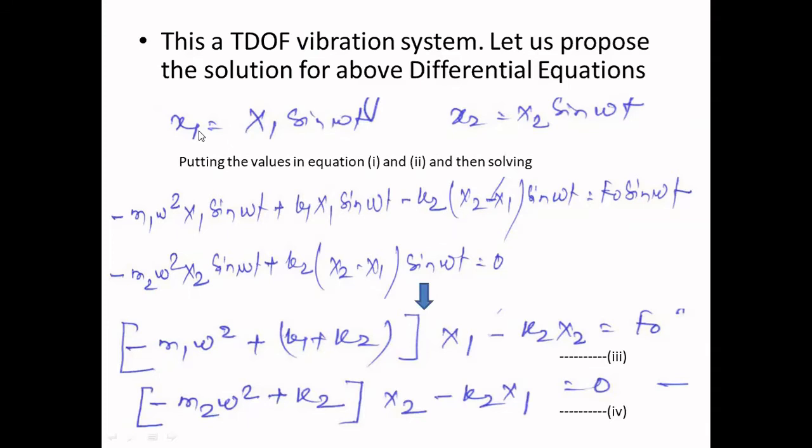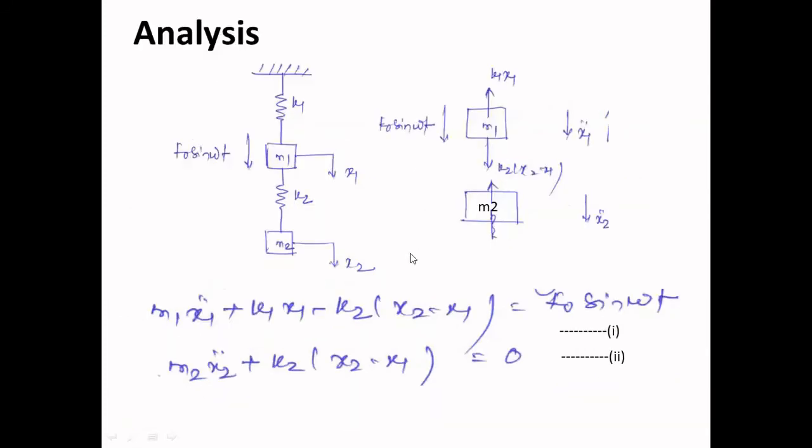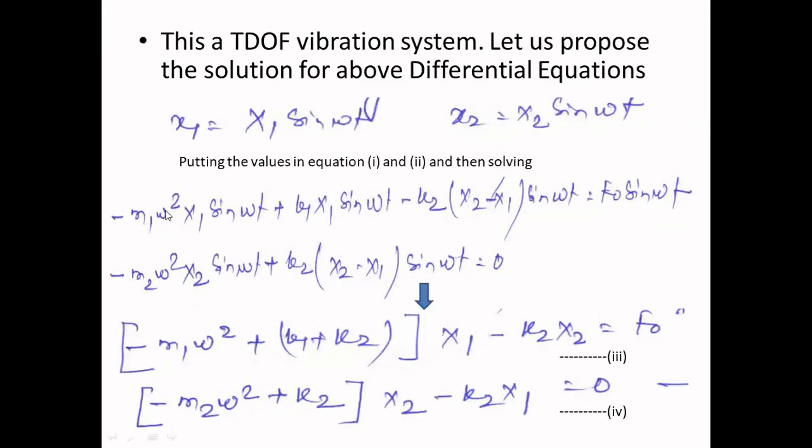Now putting these values of x1 and x2 in equation number 1, by double differentiating x1 and putting the values of x1 and x2, we get the first equation like this.